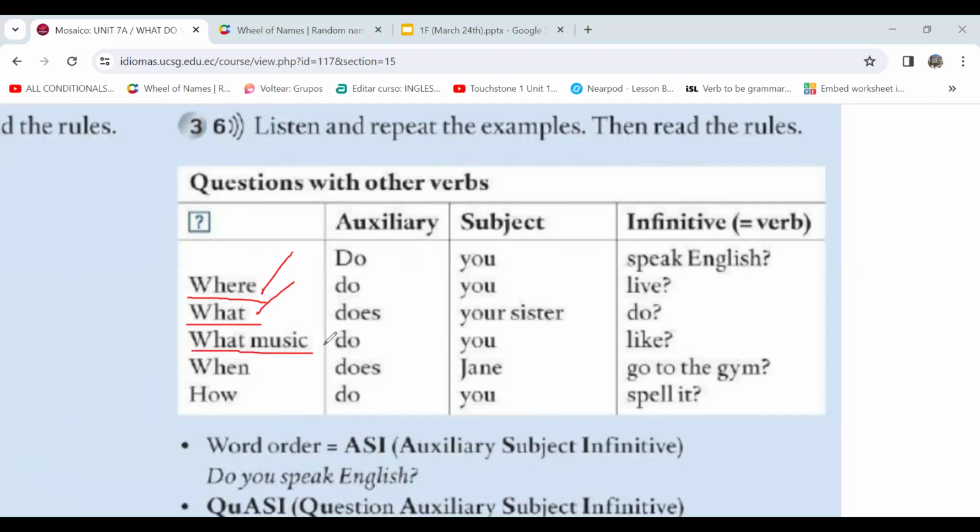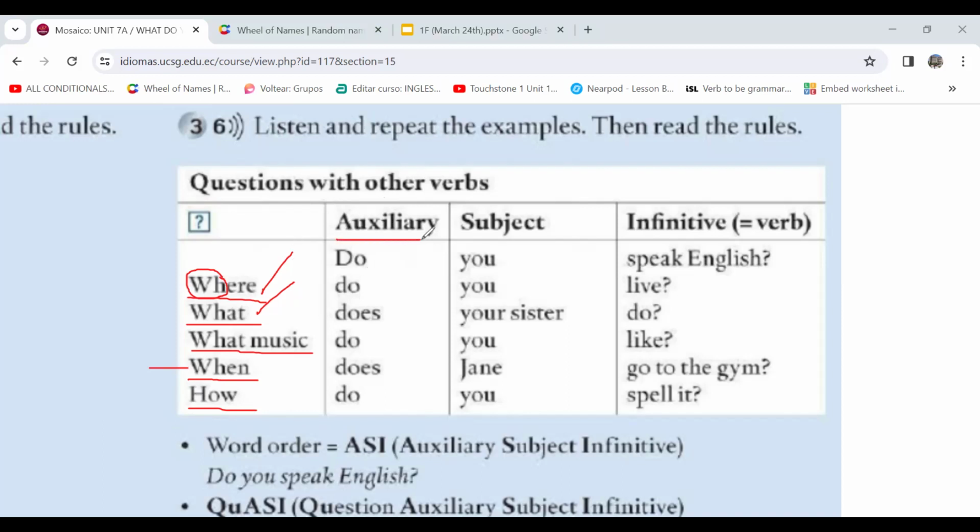Entonces, en la WH question, se llama WH porque empiezan con WH, y aquí lo incluimos a how, ¿ok? Where, ¿dónde? What, ¿qué? What music, ¿qué música? When is cuándo. Esta es nueva aquí. When, cuándo. How, cómo, ¿ok?